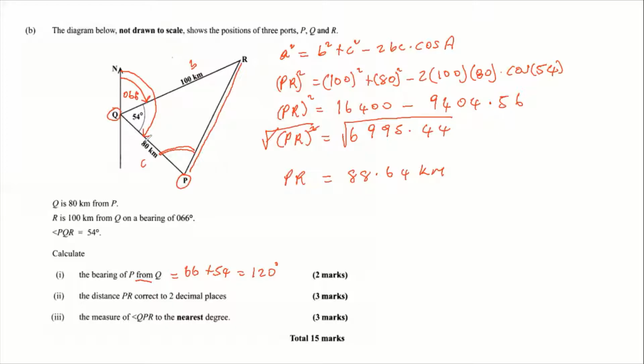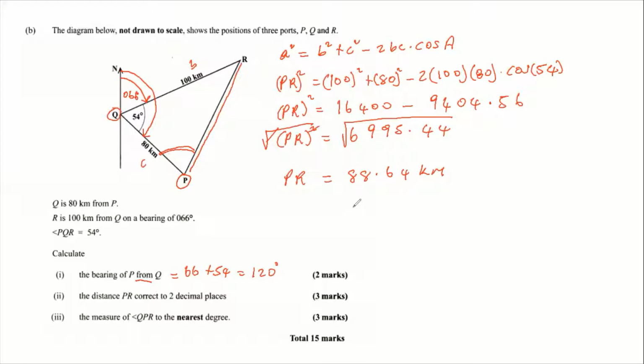Now, what do we know here? We now know three sides and one angle about this triangle. We know that it is a non-right angle triangle. And we're asked to find another angle. So the most suitable thing to use would be sine. So if we use sine, what do we know about sine?